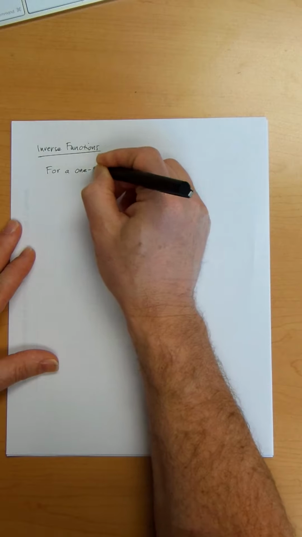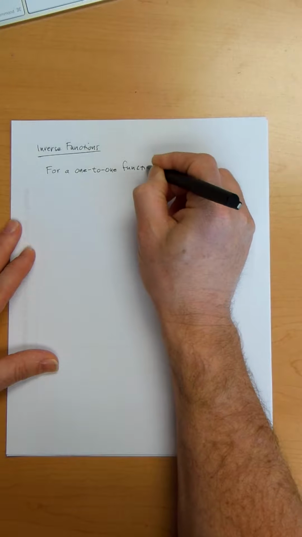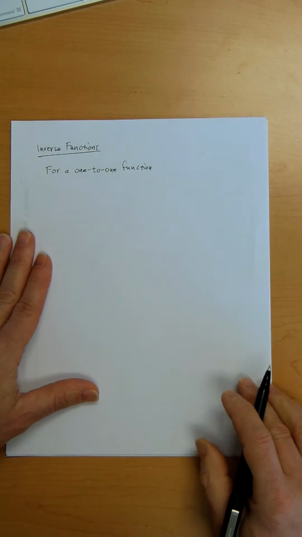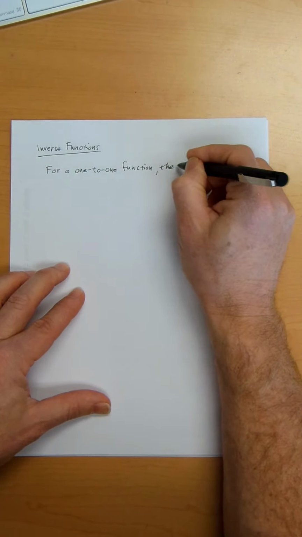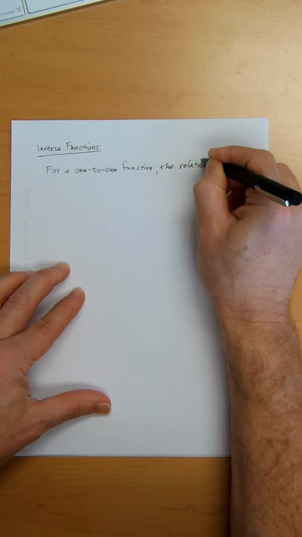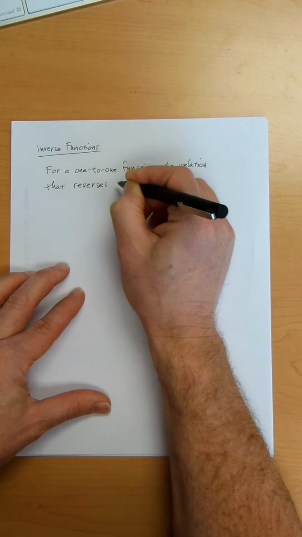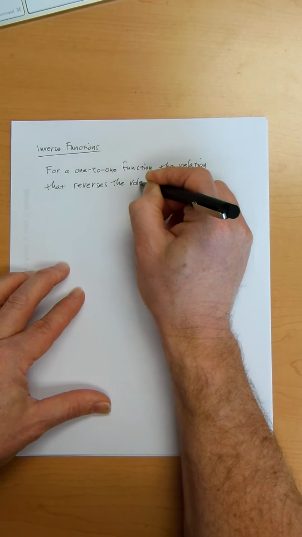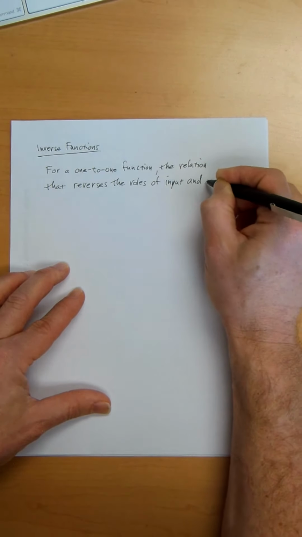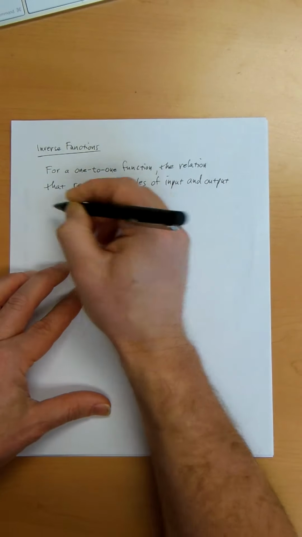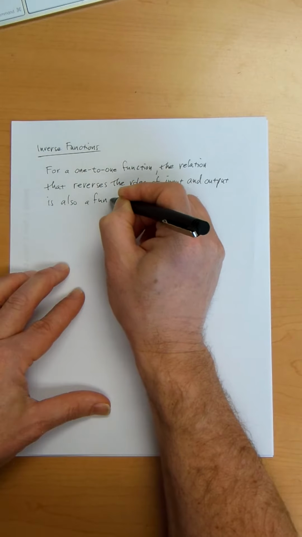For a one-to-one function, the relation that just reverses the roles of input and output is also a function.